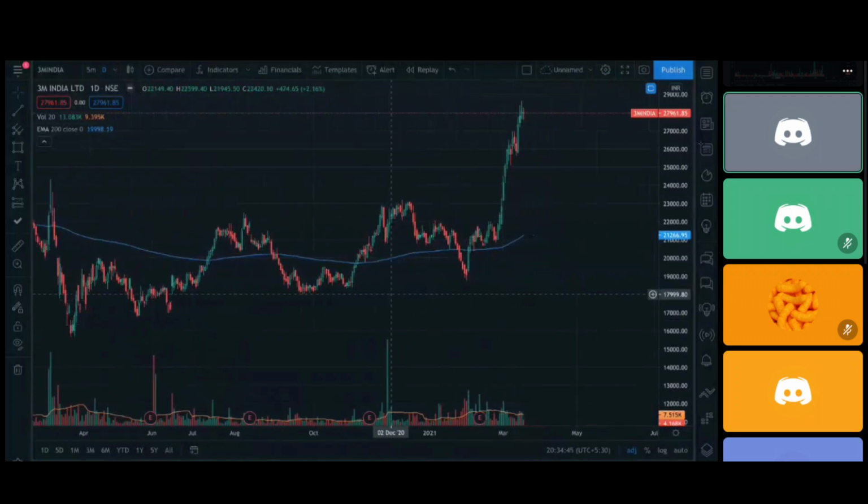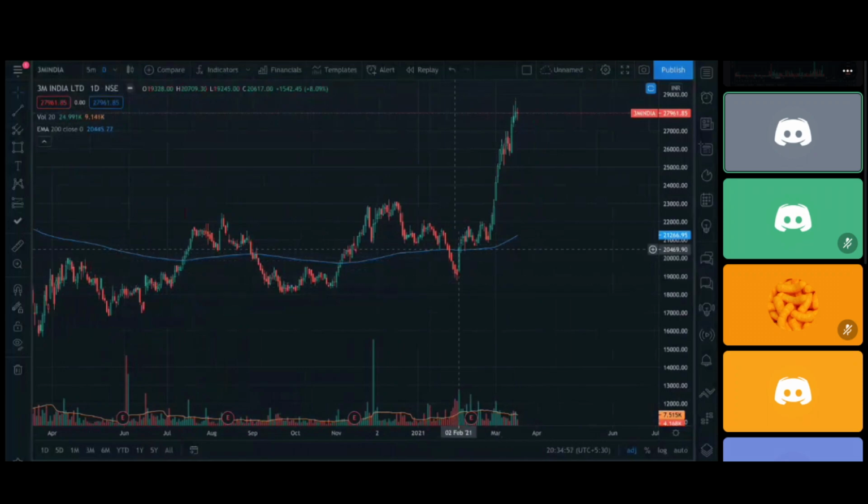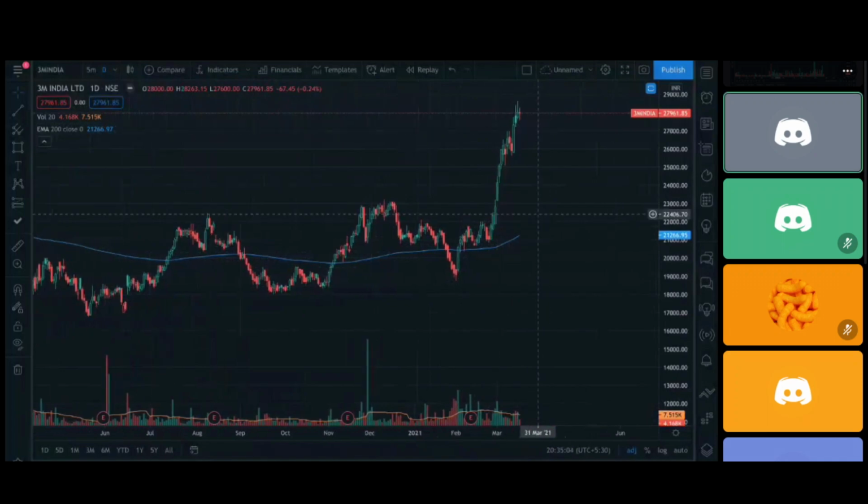But in this case, if you see, whenever the stock was falling, it corrected from 20,500 until here, whereas the next support is 18,000, almost 10%, sorry, year to year. But the buyers started coming in, retained control, and pushed the price up. Whenever a stock is trading above its 200 EMA, it means buyers are in control, and they would do anything in their power to keep the stock above that level.